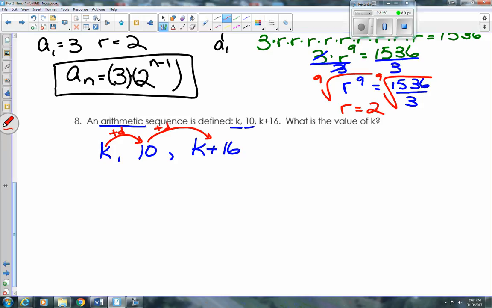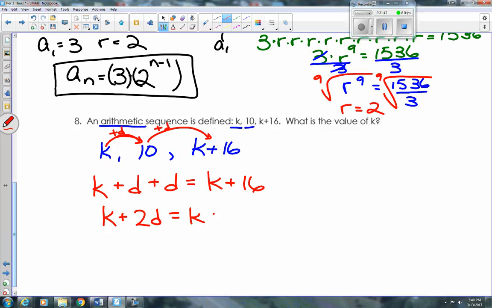A couple ways I can do this. I can say K plus a D plus another D equals K plus 16. If I do that, I get K plus 2 Ds equals K plus 16.